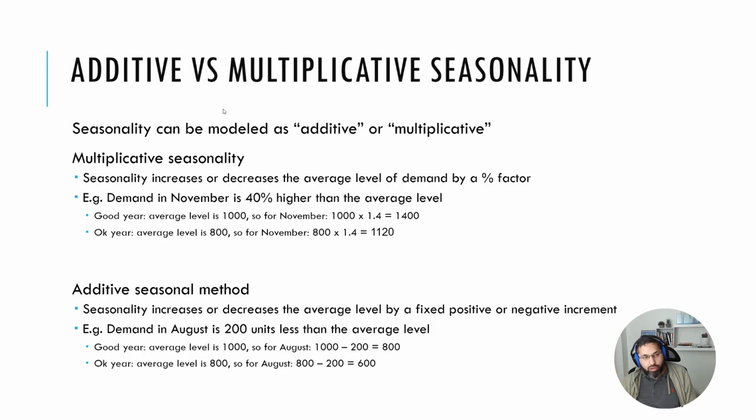So you have to model a multiplicative seasonality model where, if the average level of your sales grows, the seasonal peaks and troughs also grow. But if you feel that as your average level of sales is growing, your peaks and troughs, like their height compared to the average level, are not growing, and are approximately the same, then you can use an additive seasonality model.